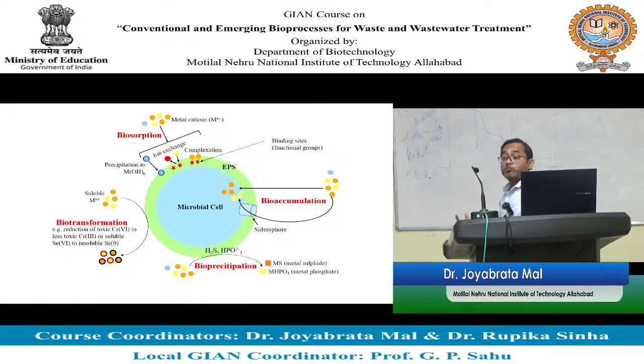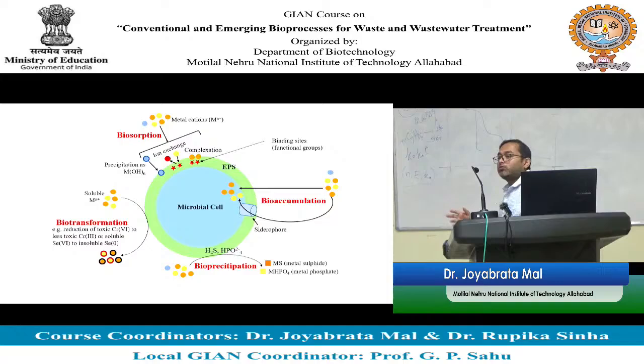For bioaccumulation, what happens is that microbes take up the contaminant inside them. Uptake means the microbe has to be live or living biomass, because the metabolic activity has to be going on; only then can it take up the metal or organic contaminant inside it.